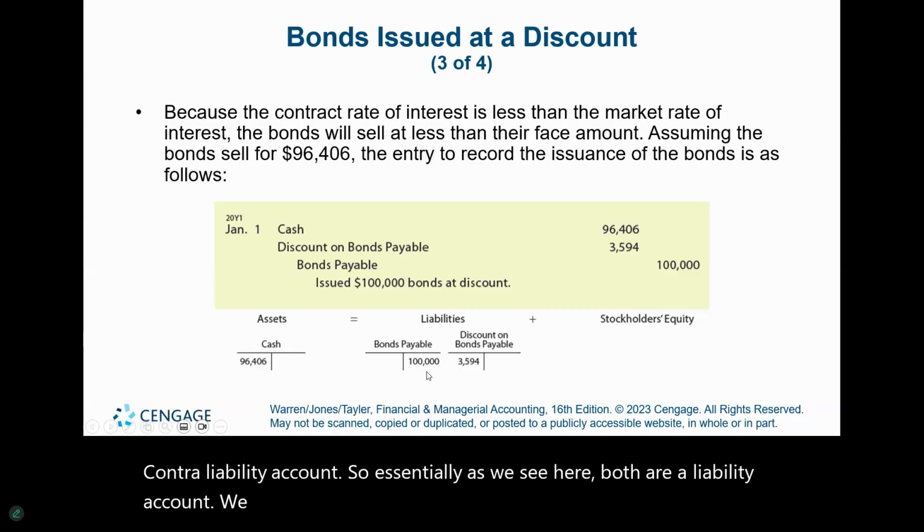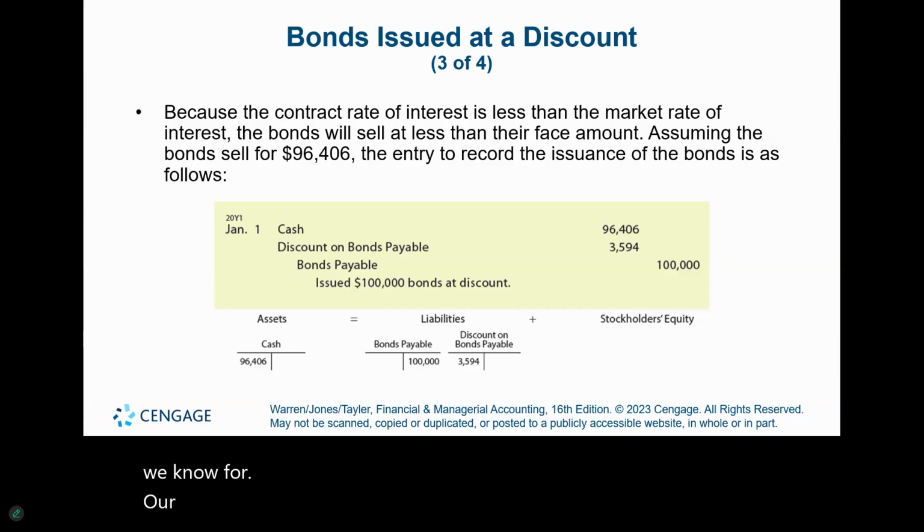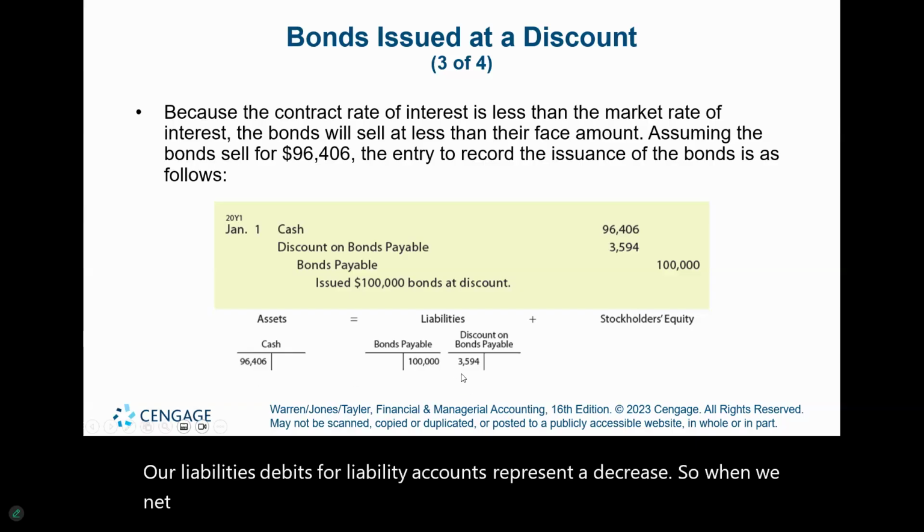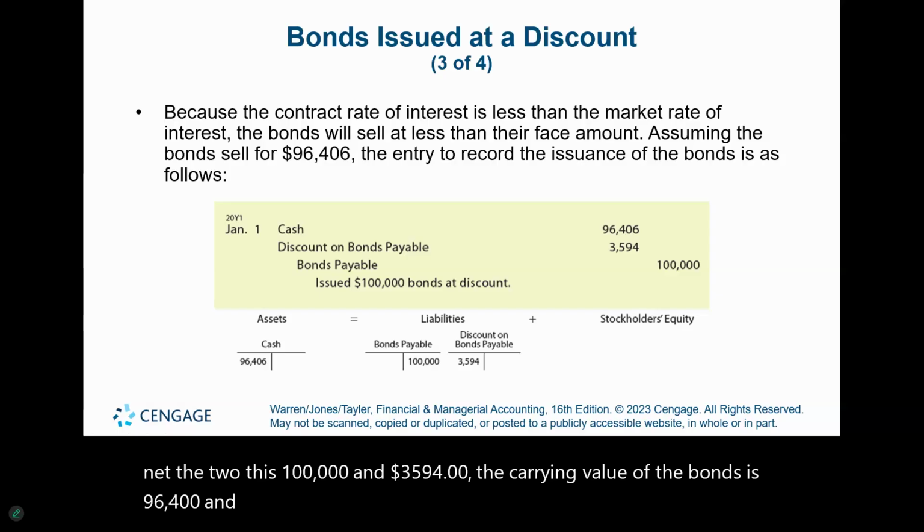We have our bonds payable, which has the credit of $100,000, and we know for our liabilities, debits for liability accounts represent a decrease. So when we net the two, this $100,000 and $3,594, the carrying value of the bonds is $96,406.